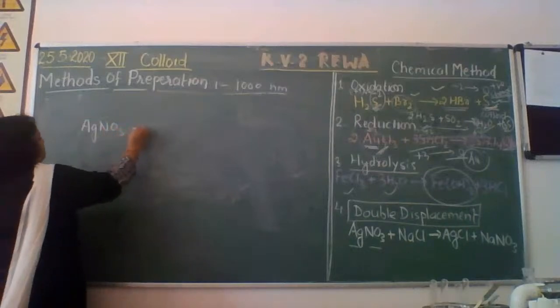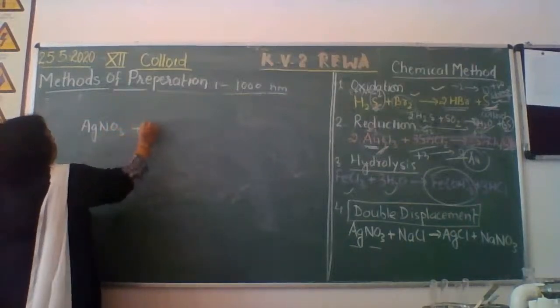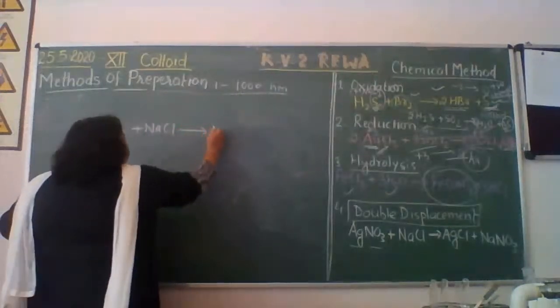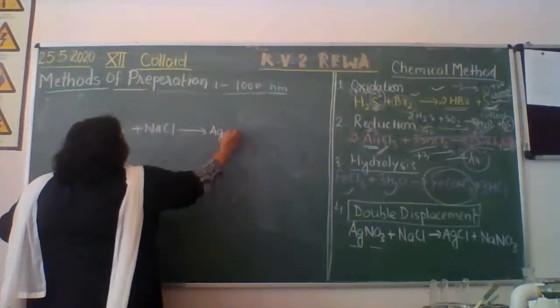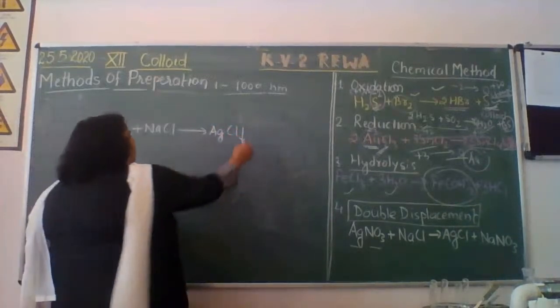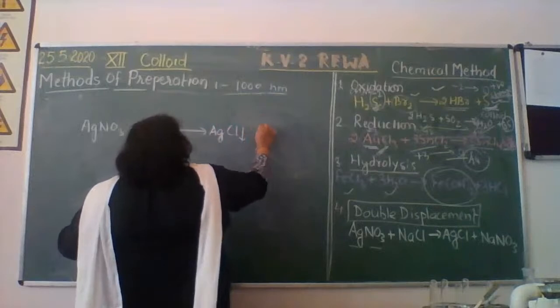AgNO3 plus NaCl gives AgCl, which will form the precipitate, and NaNO3.